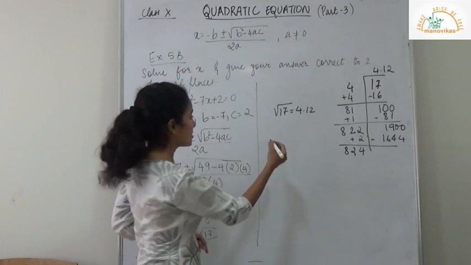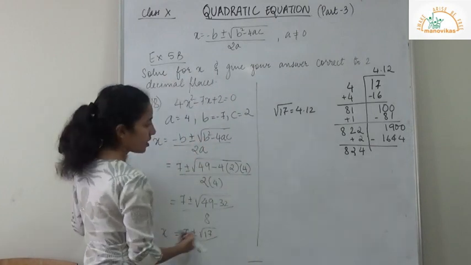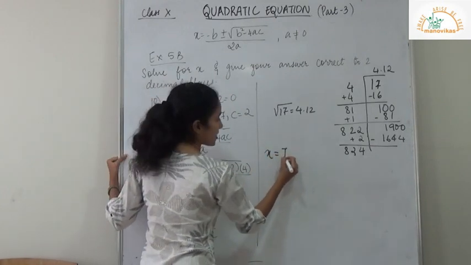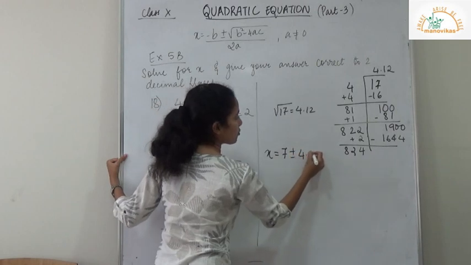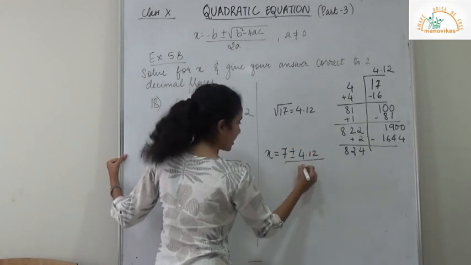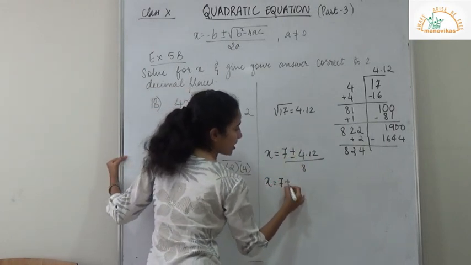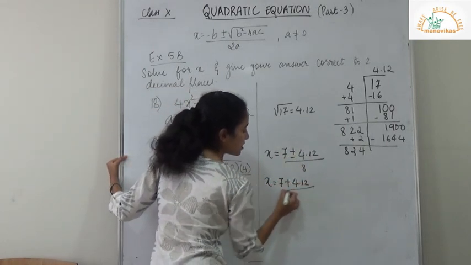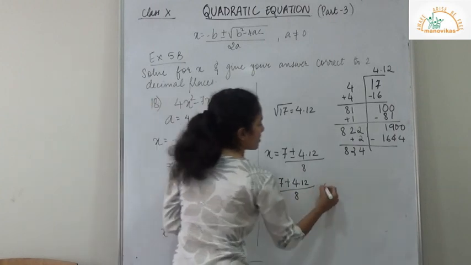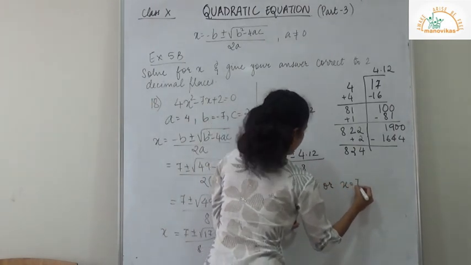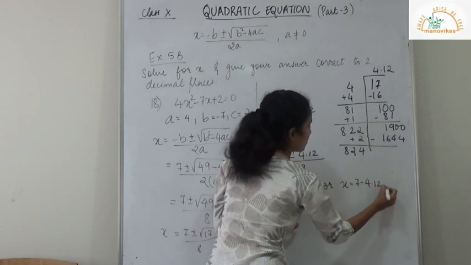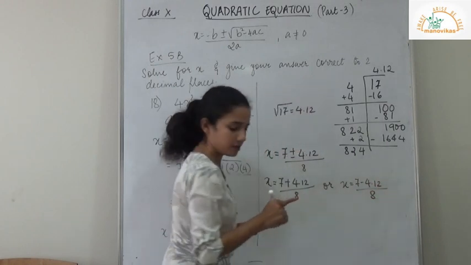Now substituting it in that, here I get x is equal to (7 plus or minus 4.12) divided by 8. So there are two values, x is equal to (7 plus 4.12) divided by 8, or x is equal to (7 minus 4.12) divided by 8.